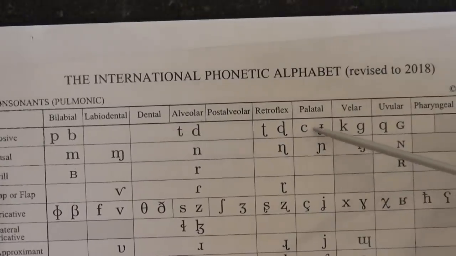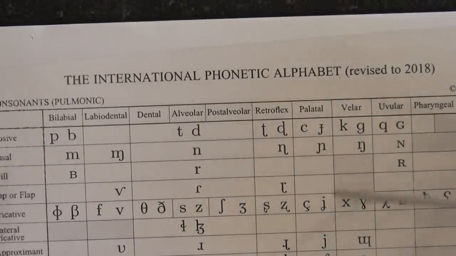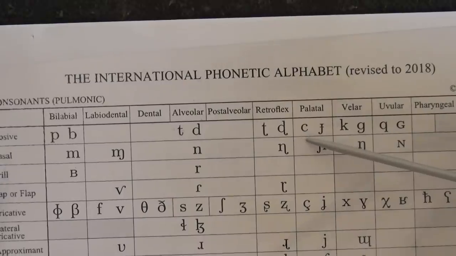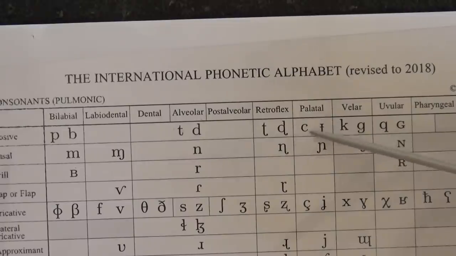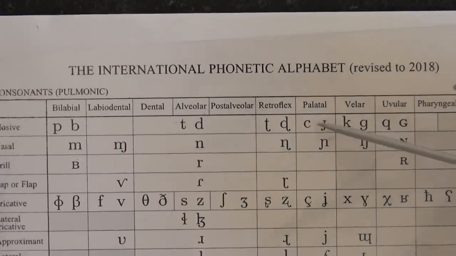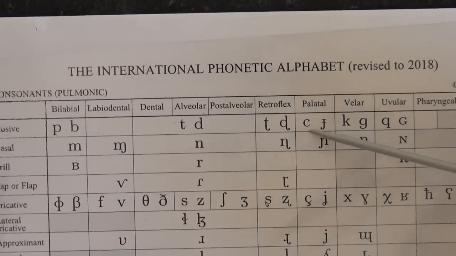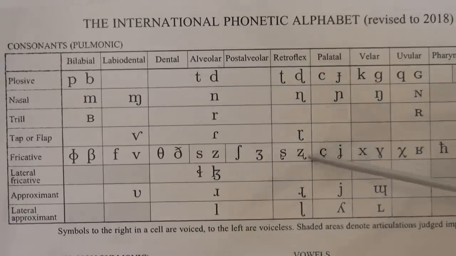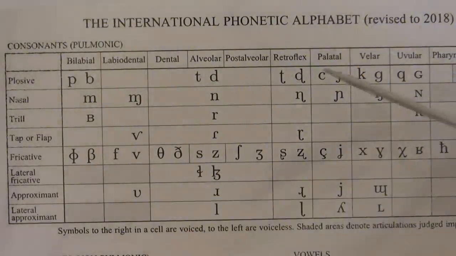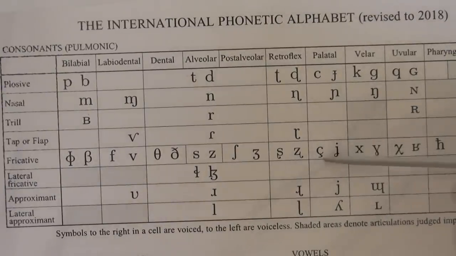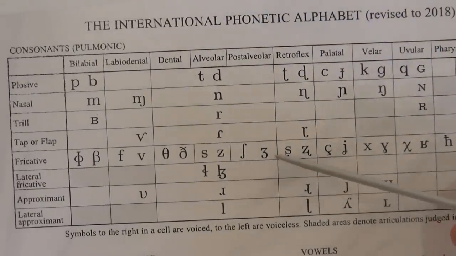Then we have the palatal consonants, and this one represented by a C, I think is sh. Voiced version is j. Okay, that's not a plosive, that's a fricative, because it's a continuous stream of air. So sh, j. This was sh, j.